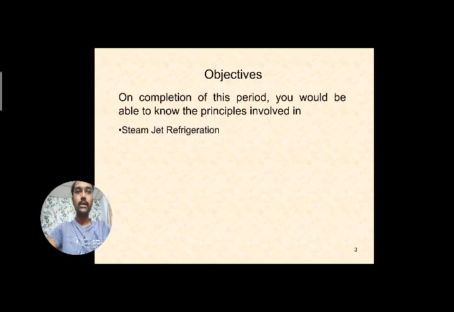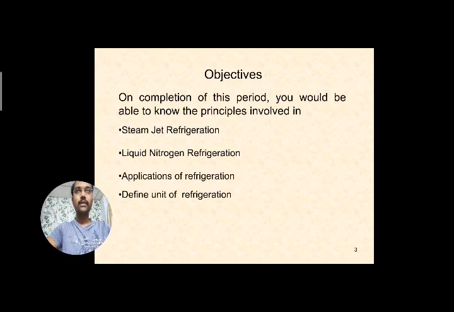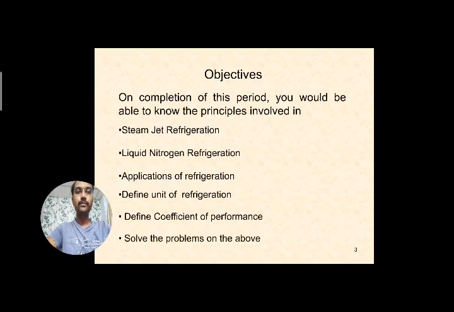So we can conclude the topics like steam jet refrigeration, liquid nitrogen refrigeration, and we'll see some applications of refrigeration. Next, the definition and unit of refrigeration, how we can define that, and what is COP, coefficient of performance. And we'll try to solve one or two small problems.